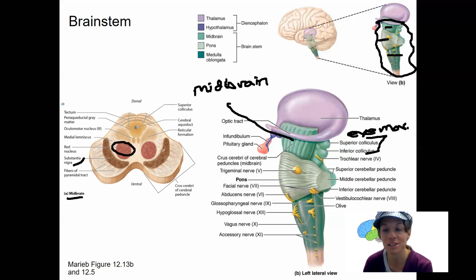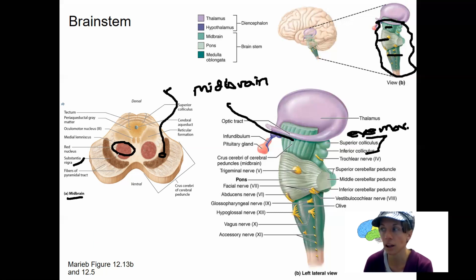It's involved in Parkinson's disease. This black matter, substantia nigra, is degraded and disappeared in individuals with Parkinson's. These cells are filled with dopamine and project up to the striatum to regulate movement. The red nucleus we will see with some of the control of movement in the next 2 videos from now, I think.